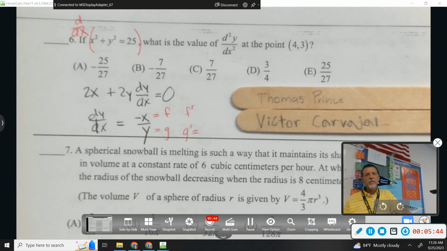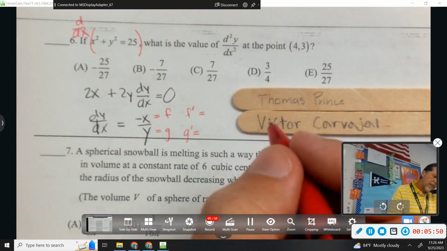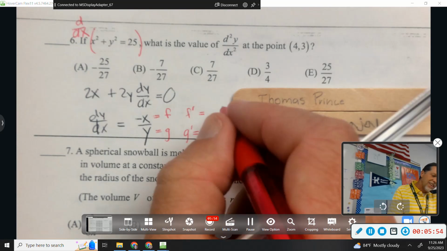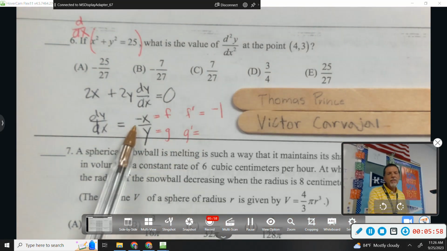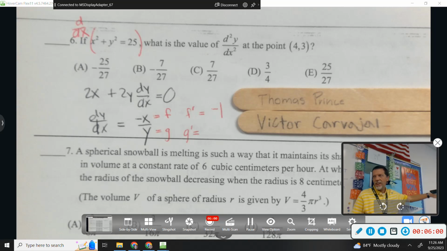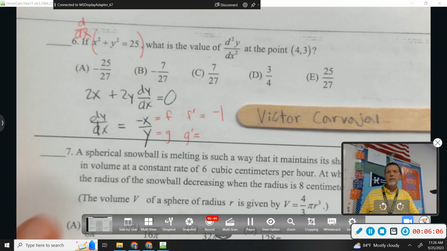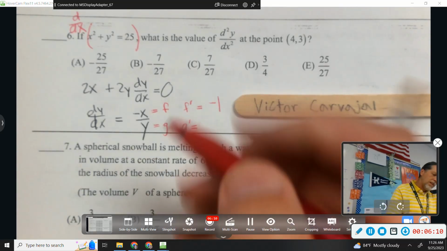Thomas, if f is negative x, what's the derivative of that? Negative 1. I do need to be careful about the negative. I could have just left the negative out front and then stuck it on at the end. I'm going to attach it to f, and that way I'll carry it through. I don't know which way is easier. Victor, how about the derivative of y? dy dx.